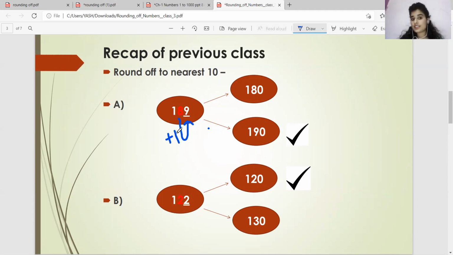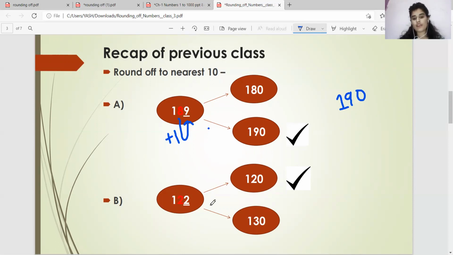The highlighted digit is 8, and 8 plus 1 is 9. Whenever we are rounding off, the left side digit will be the same and the right side digit will change to 0. So the answer will be 190.